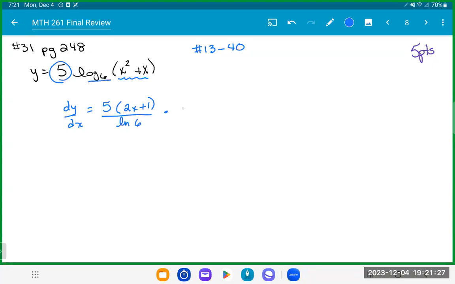And then we're multiplying that times 1 over that function, which is x squared plus x. Okay, so all we need to do for this, though, is to simplify. So we end up with 10x plus 5 divided by x squared plus x times ln of 6.